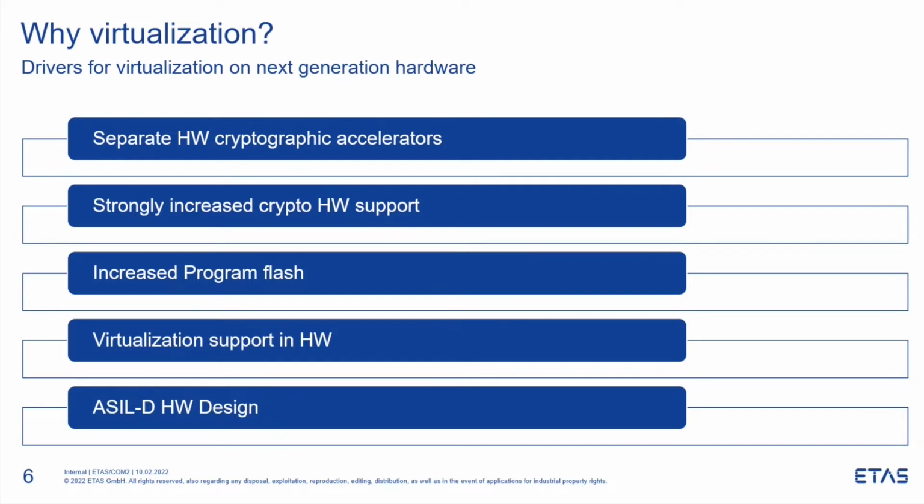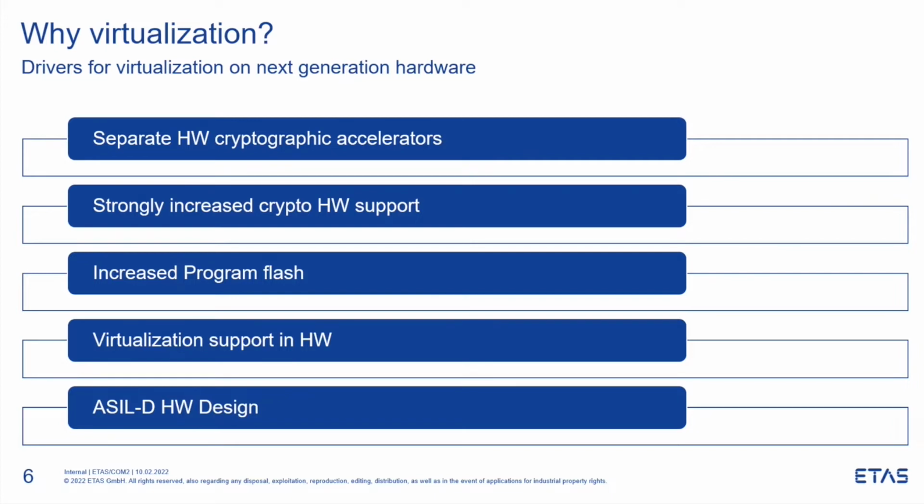Then we have a strongly increased crypto hardware support. The new targets have extended support for additional crypto operations to be then performed on the hardware side itself instead of the current implementation on the software side. This is again a significant performance improvement to manage the requirements of a complex system in a virtual environment.